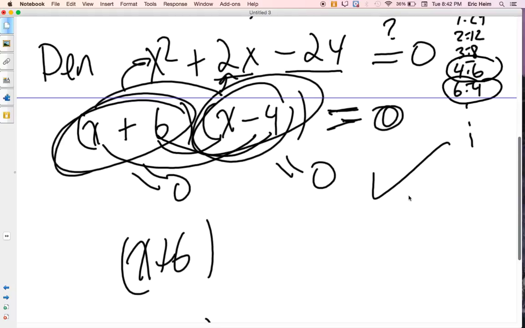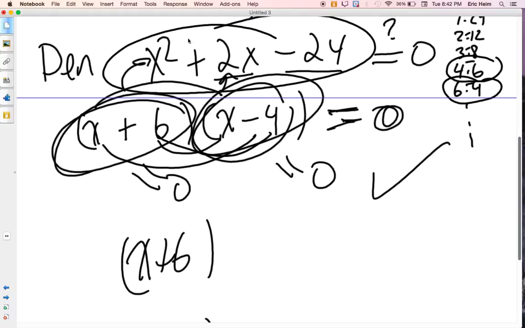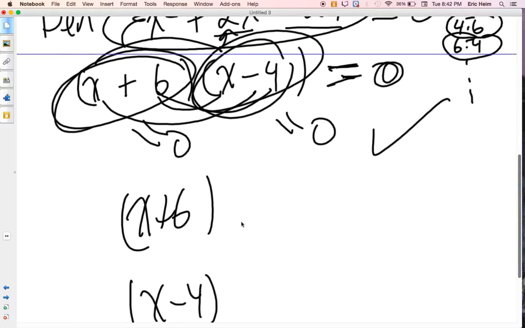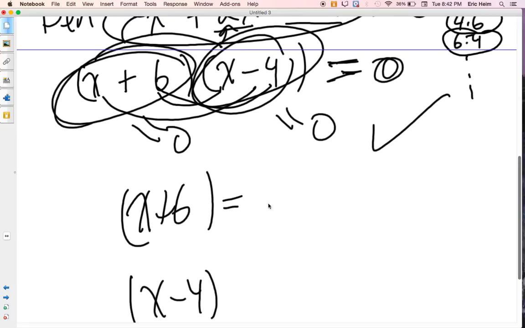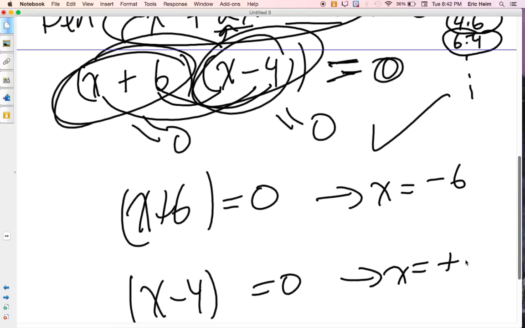We're just trying to find the values of x that make our denominator equal to 0. The values of x will be the solutions to these two new equations. If x plus 6 equals 0, that means x equals negative 6. If x minus 4 equals 0, that means x equals positive 4.